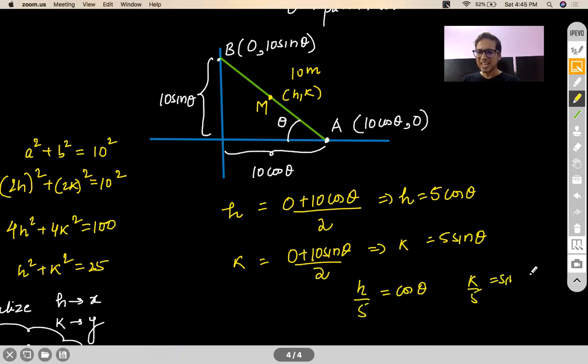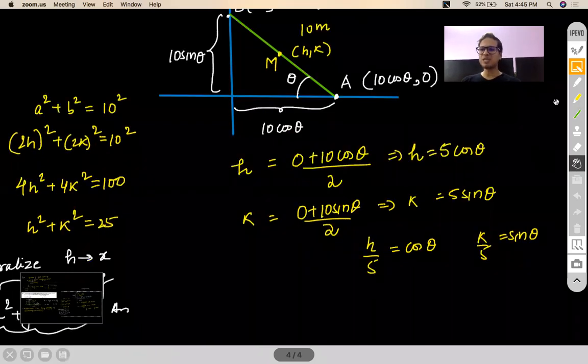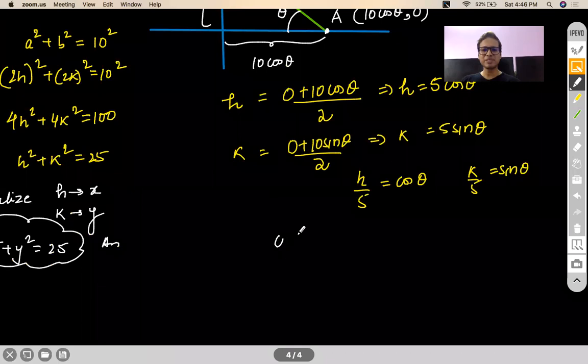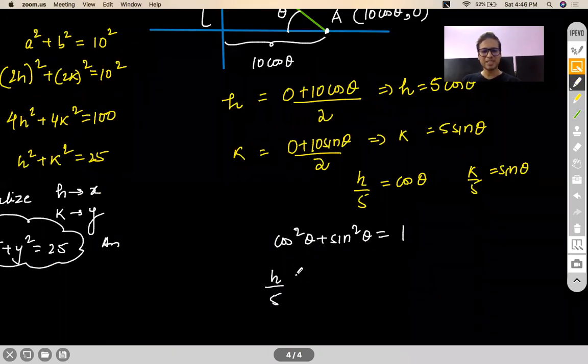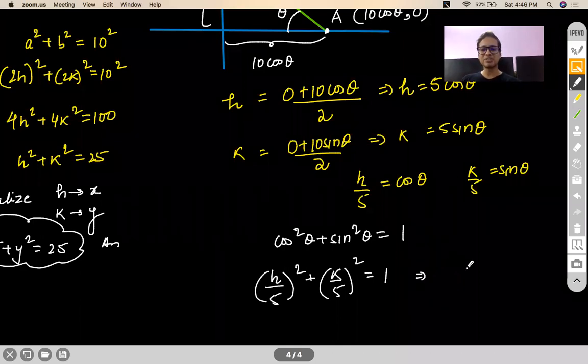And I know very well if I have to eliminate theta, I can use my famous Pythagorean identity, sin square theta plus cos square theta equal to 1. That means (h/5) whole square plus (k/5) whole square equal to 1. This is my major job done.